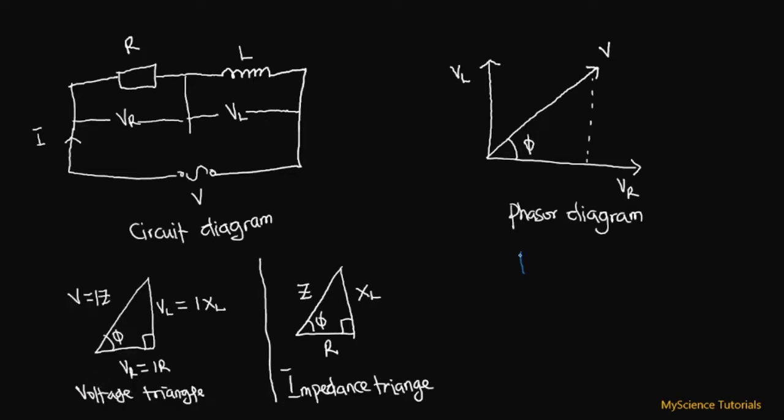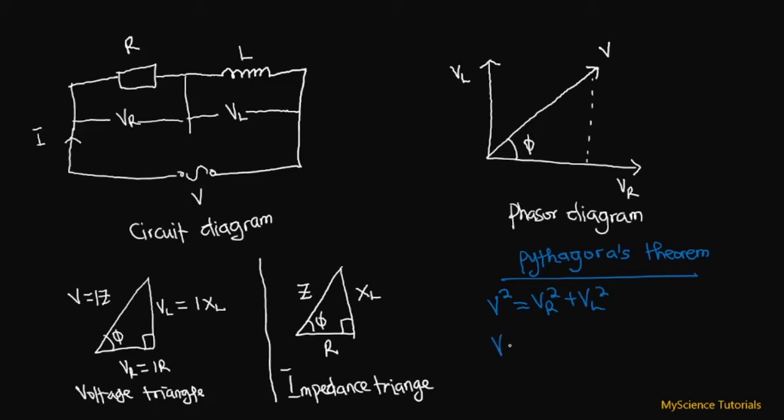So using Pythagoras theorem, from this voltage triangle, if we want to find the applied voltage, which is the hypotenuse over here, that will be equal to V squared is equal to VR squared plus VL squared.